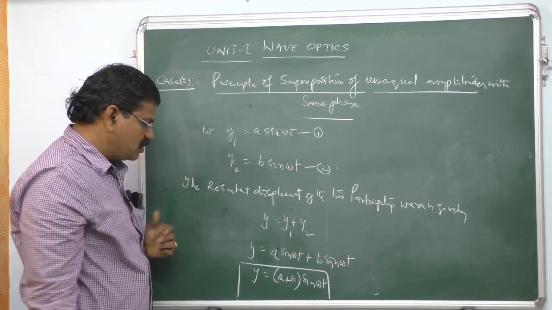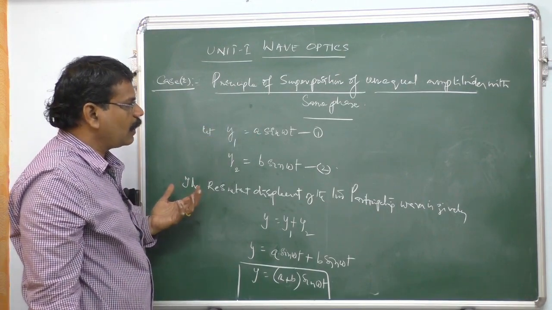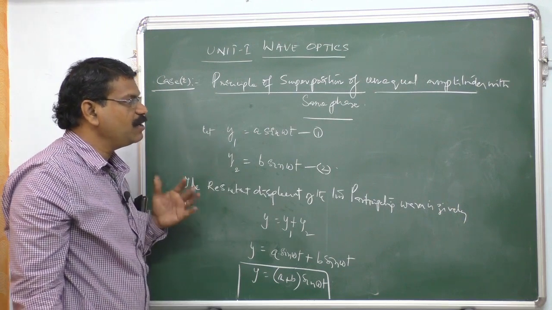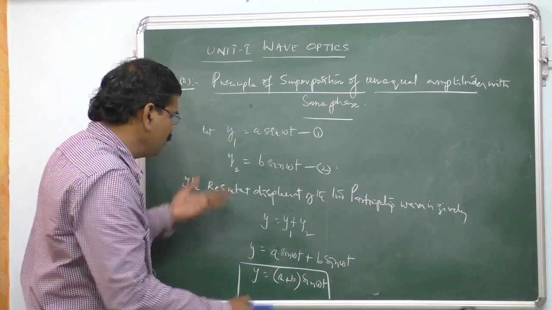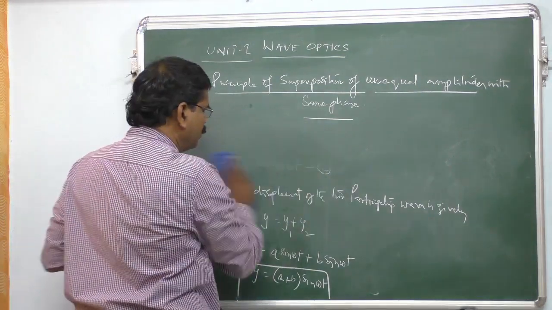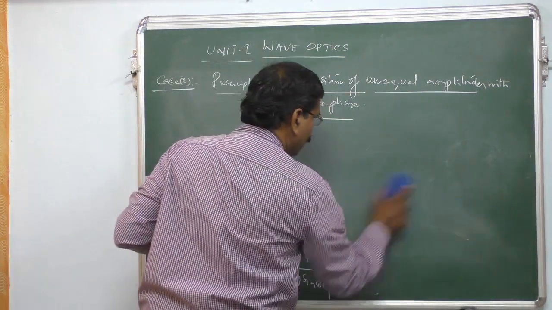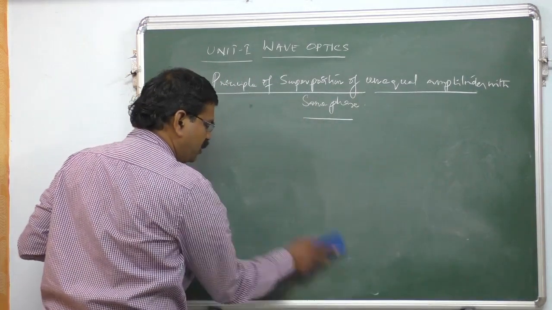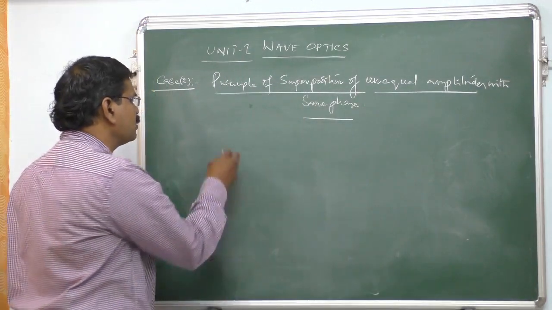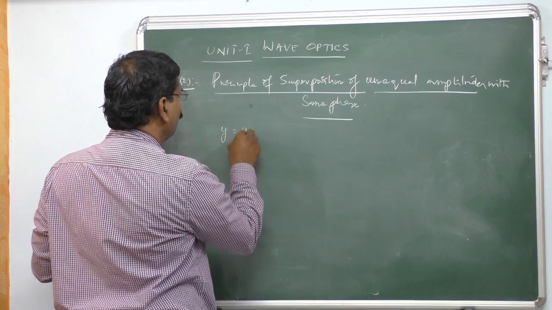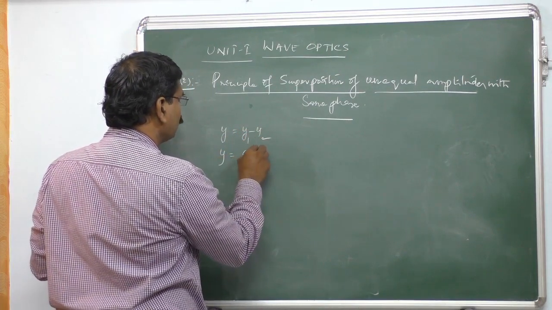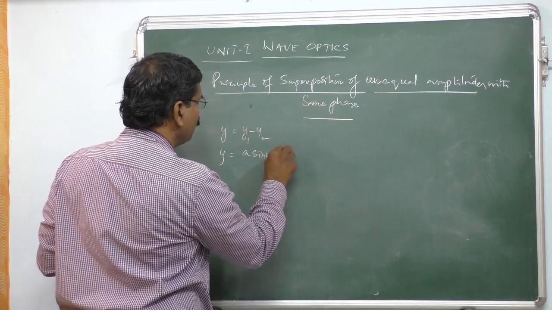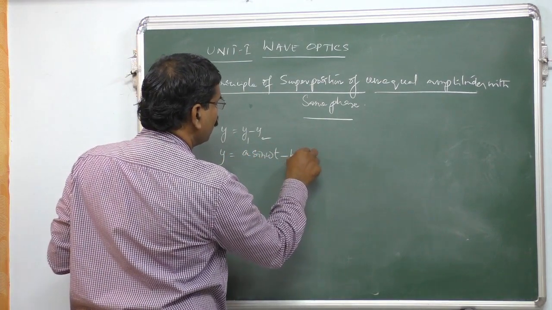Is it clear? Similarly, let us go for unequal amplitudes in difference. Using equations 1 and 2, I can get the resultant displacement: y equals y1 minus y2. So y equals a sin omega t minus b sin omega t.